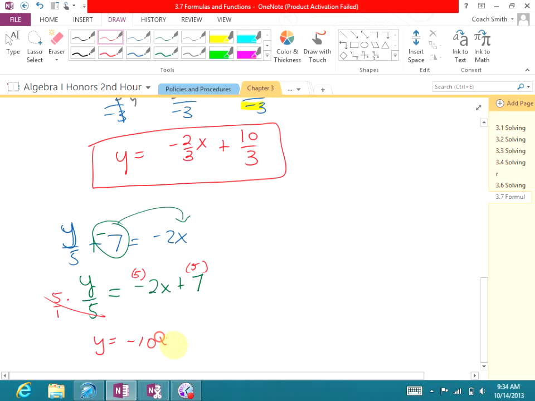Negative 10x. 5 times 7? And that is your answer. Okay? So all we're doing is taking an equation that has two variables in it and rewriting it in function form.